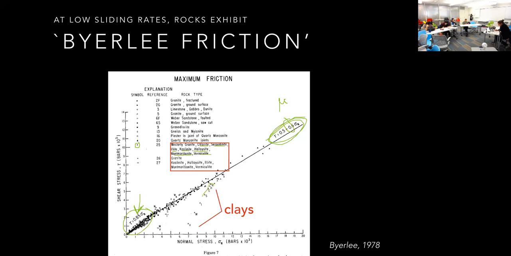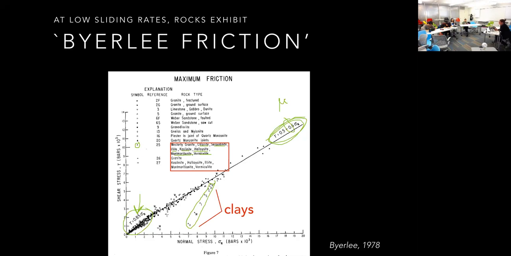Those are labeled with letters because they fall below the line. So their shear stress, their ability to resist shearing for the same amount of normal stress, is much lower than your average rock. So basically, we can divide the world into rock and then clay.